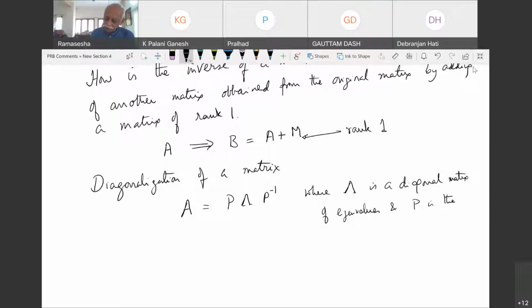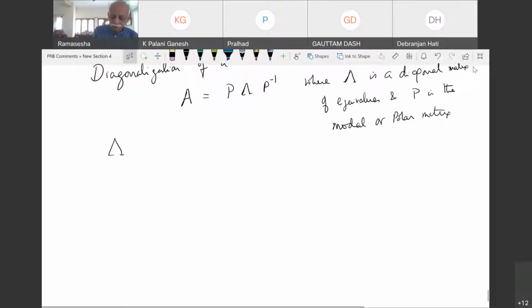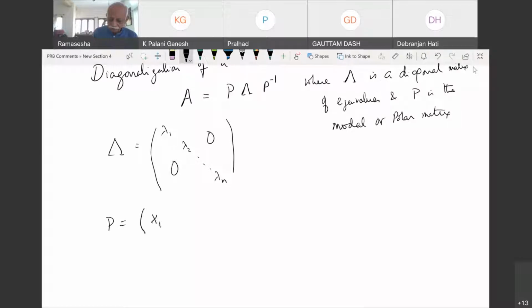If I write it down explicitly, lambda would be lambda 1, lambda 2, up to lambda n on the diagonal, with zeros elsewhere, and P is given by the matrix x1, x2, up to xn, where xi is an eigenvector of A corresponding to eigenvalue lambda i.